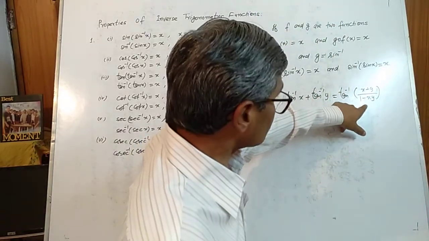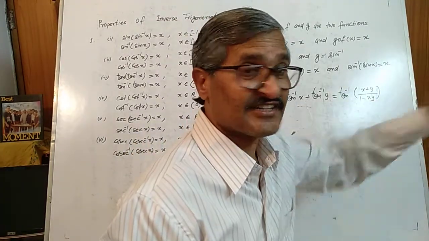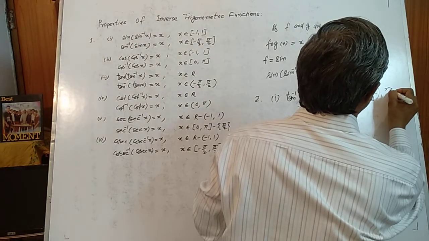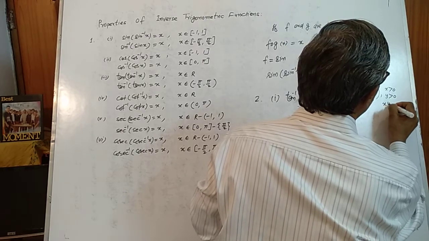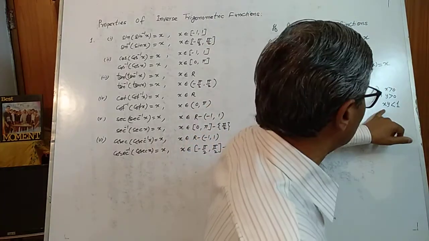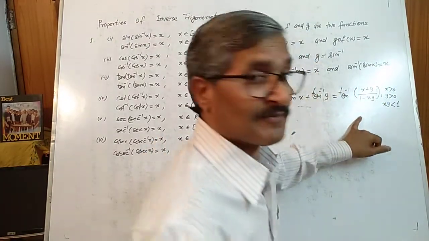This is the value when x is greater than 0, y is greater than 0, and xy is less than 1. The product xy is less than 1. Under this condition only this is applicable.